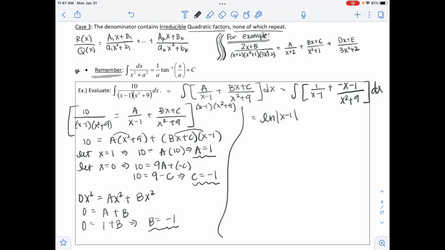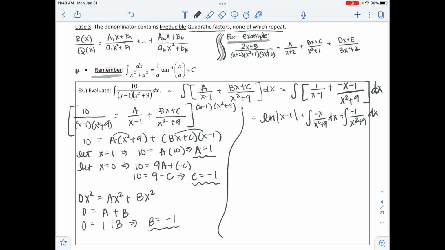And then since I have negative x minus 1, I'm just going to separate those over the same denominator. So I'd have the integral of negative x over x squared plus 9 dx plus the integral of negative 1 over x squared plus 9 dx. So just separating the second term and rewriting them as two different fractions.